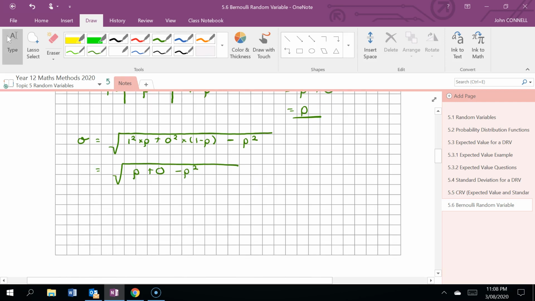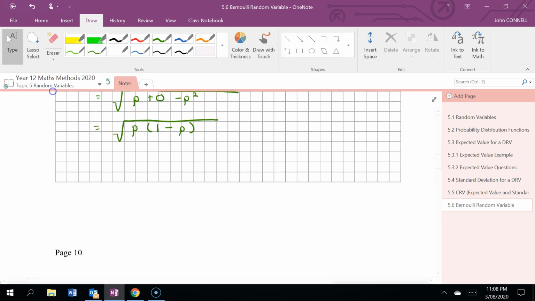I'm going to take P out as a common factor. The 0 term isn't there, but for P take P squared, taking out P as a common factor I get left with 1 take P. And so that's the proof of the standard deviation being the square root of P times 1 take P.